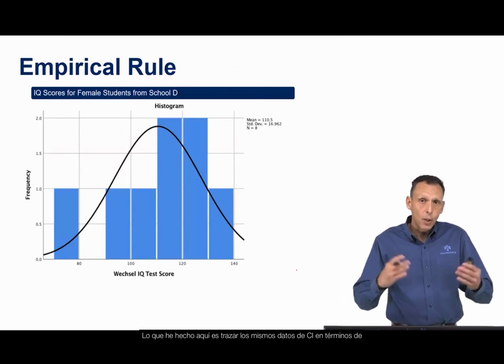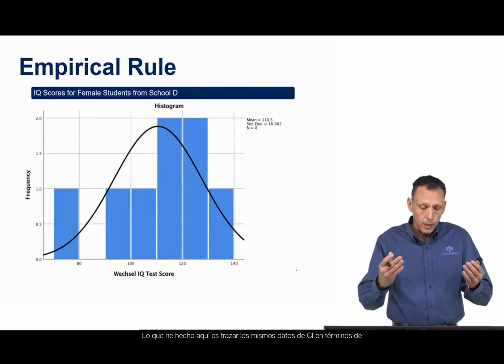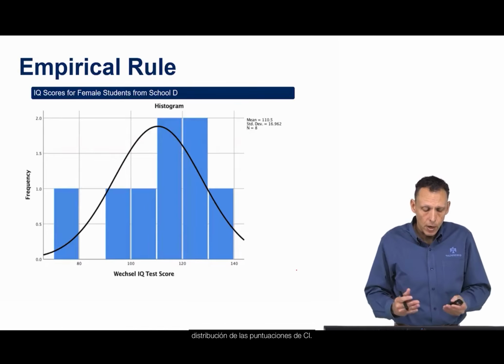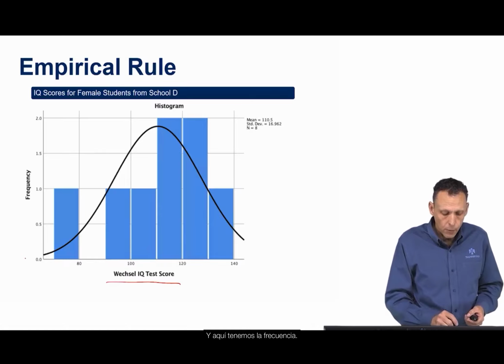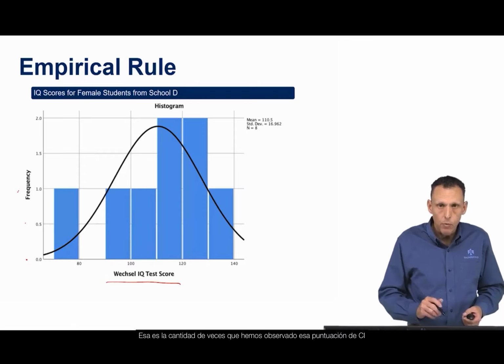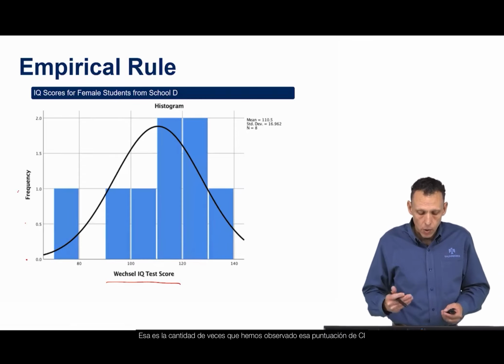What I've done here is plot the same IQ data as a distribution of the IQ scores. Here we have the frequency, that is, the number of times that we've observed that IQ score in our data set.